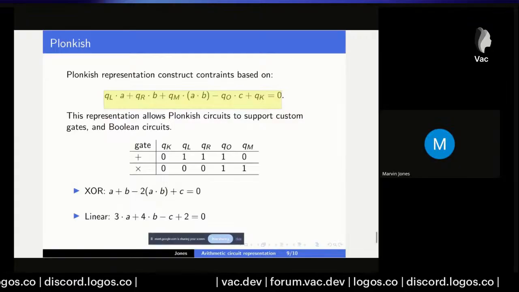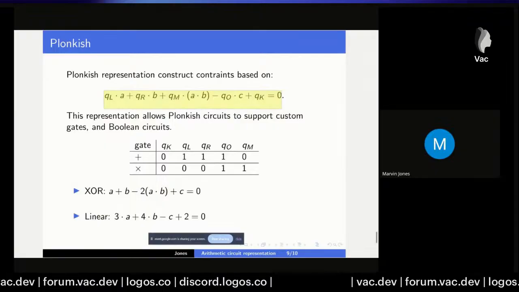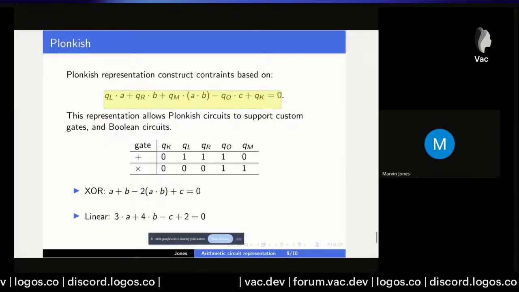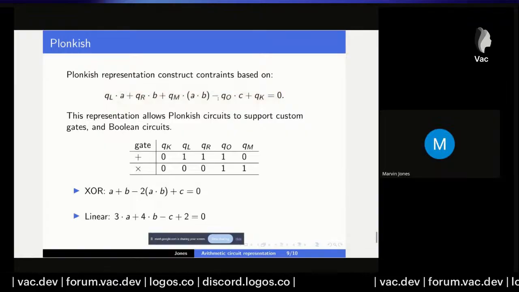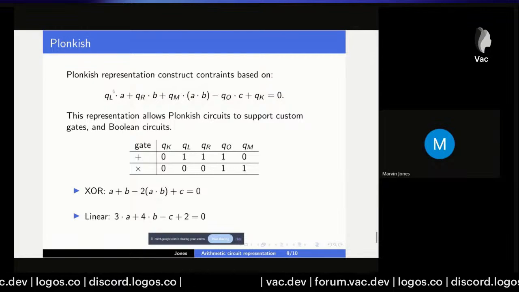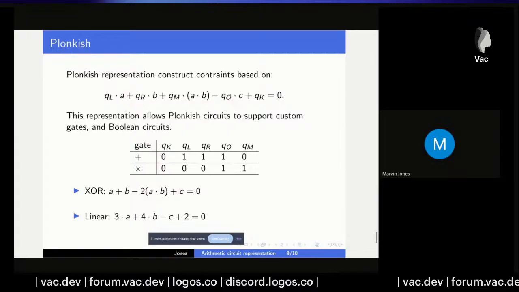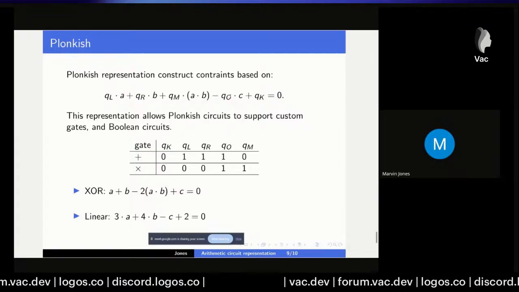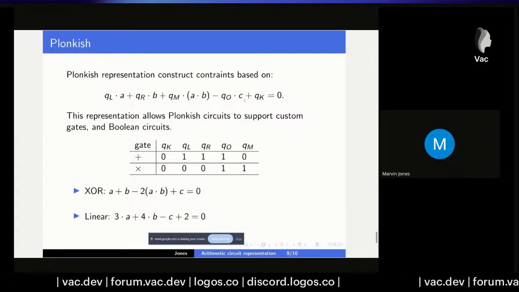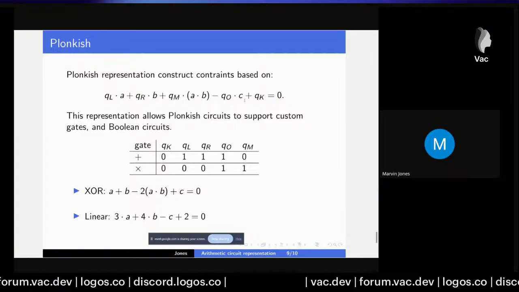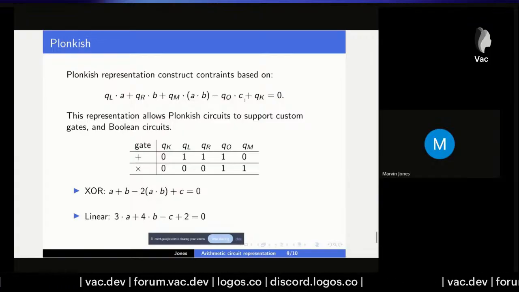And if I did that, I had 3 gates, so I had 1 addition gate, 2 multiplication gates. I would have 3 equations for this. And you could represent it with matrix multiplication again, where QL, QR, QM, QO, and QK are all matrices, and the A, B, and C are vectors. Making sure that was it. Yes, that's correct. So that gives you another way to represent it.